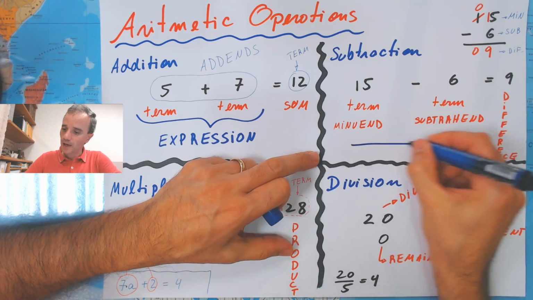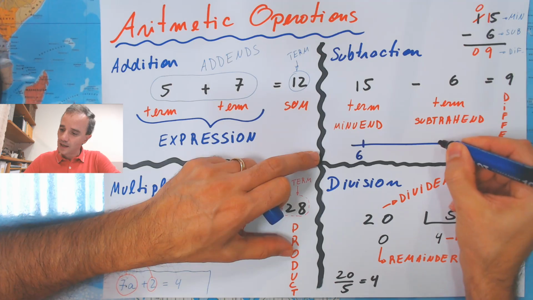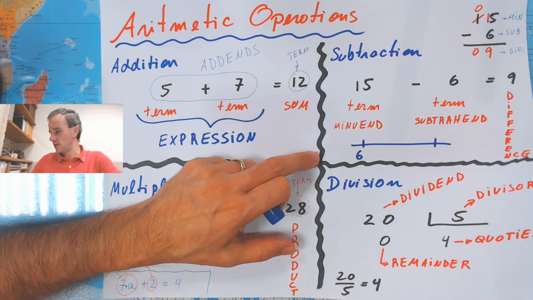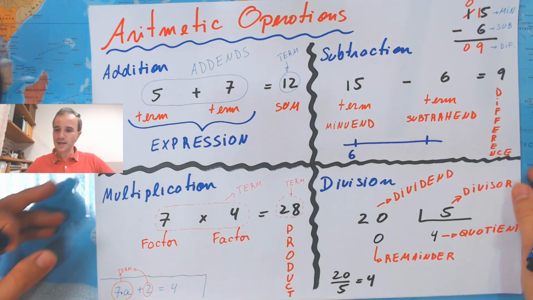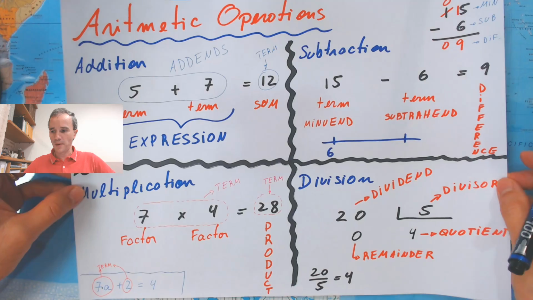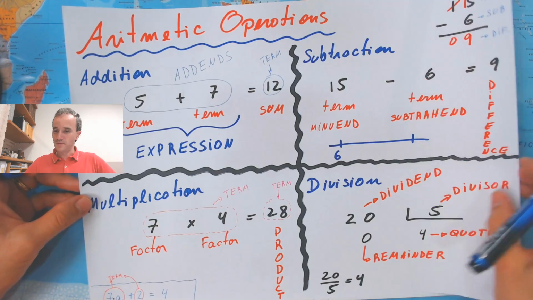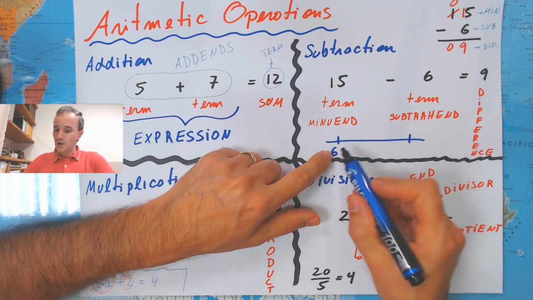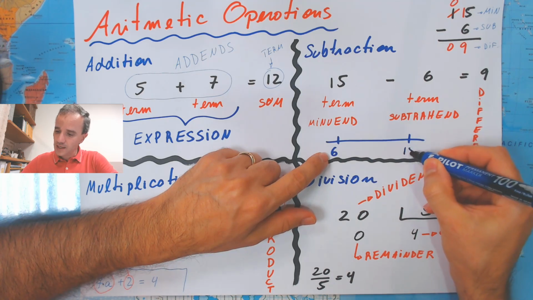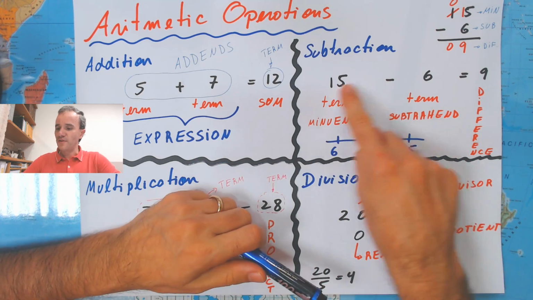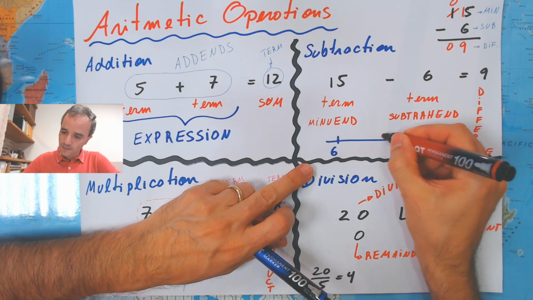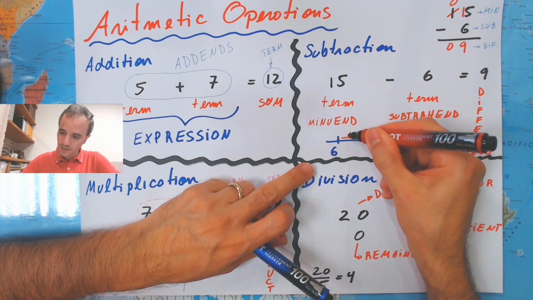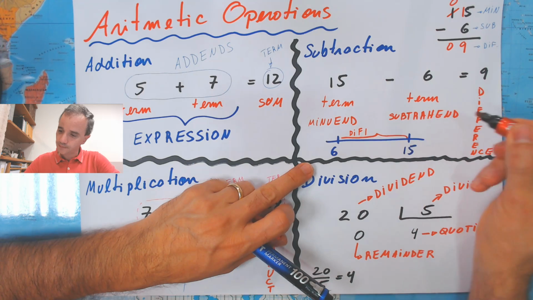And as a matter of fact, if we just put it here, blue is good. If we just put the number line in here, and if this is 6, and let me see if I can write, because sometimes I cannot write in here, you see, because I have this paper in here. Now I can. Because if you know my classes, I also use this one under, because those pens, look, they just mark everything. Now, while this is 6, and this is 15, when we say 15 minus 6, this is the difference, right?